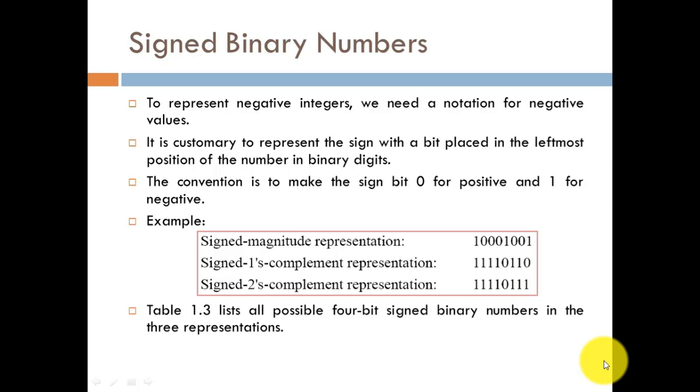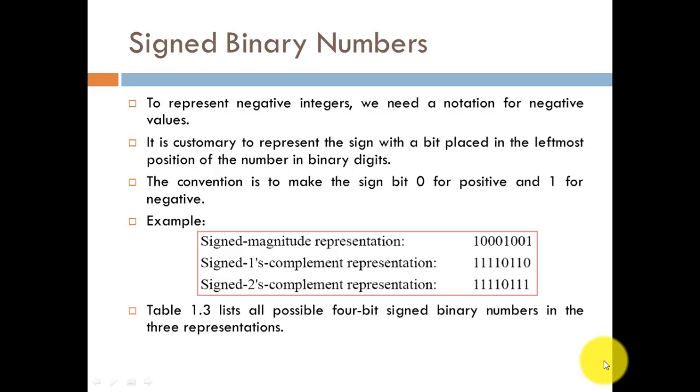The convention is quite simple: the sign bit is 0 for positive and 1 for negative. That means if we have to show a positive number, the leftmost bit will be 0, and if we have to represent a negative number, the leftmost bit will be 1.